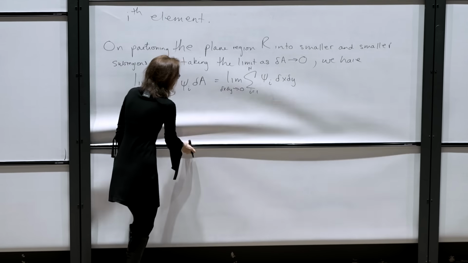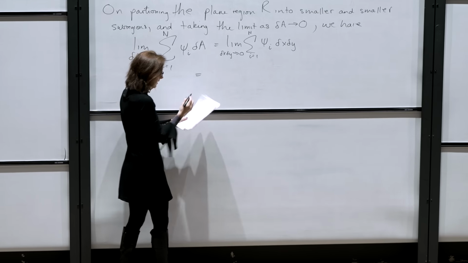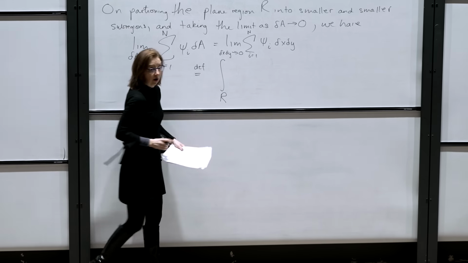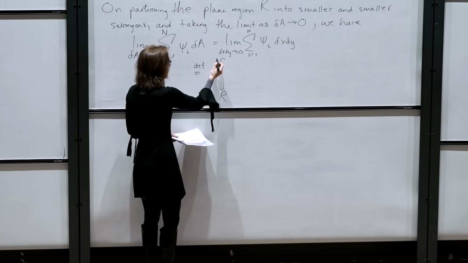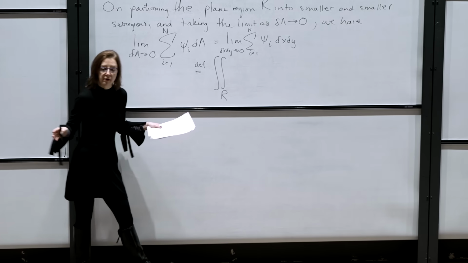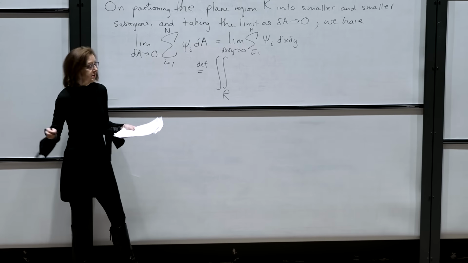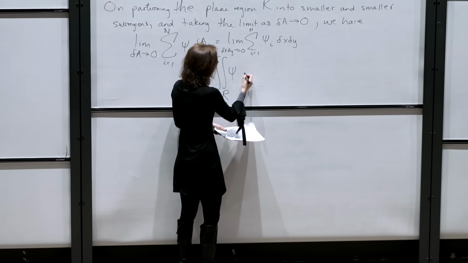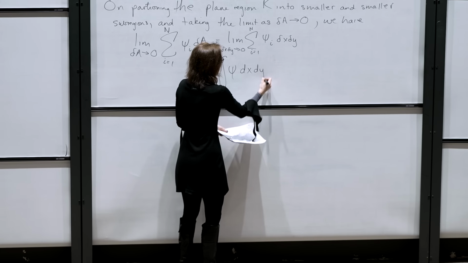And we define that to be, so this is a definition, the integral over the region R. And to denote the fact we're integrating over an area, not over a single line or single variable, we use a double integral of psi dx dy.